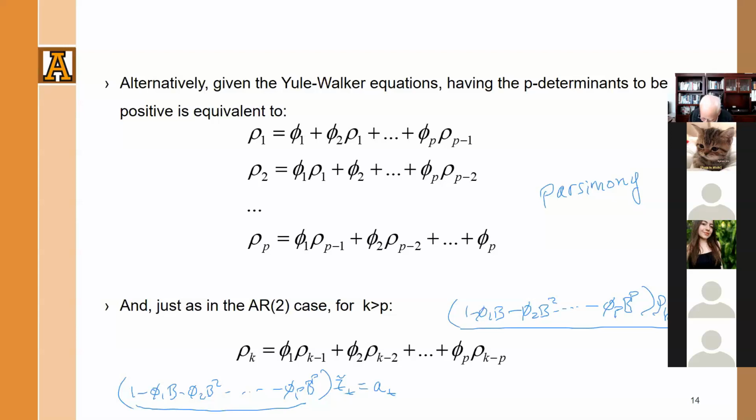So we want parsimonious models. We will always be looking for parsimony in the models, that is, models that are as simple as possible to reflect the reality.